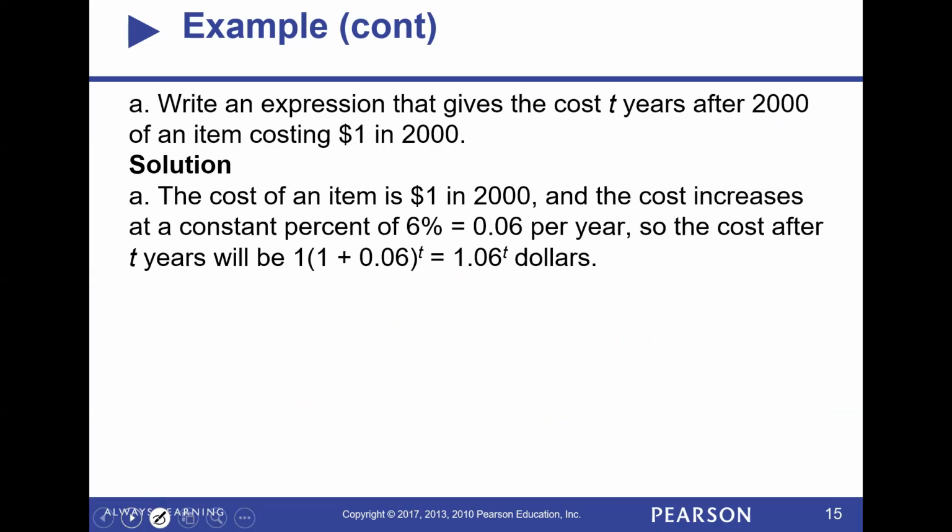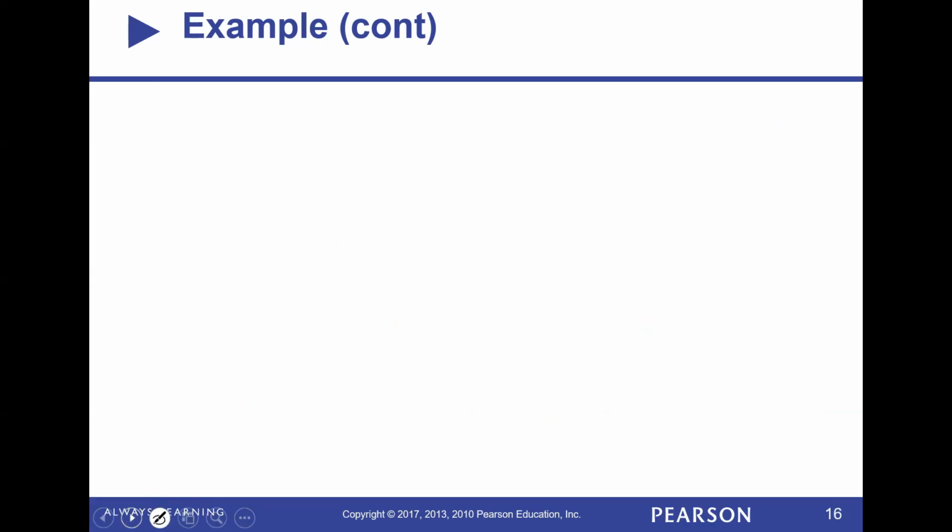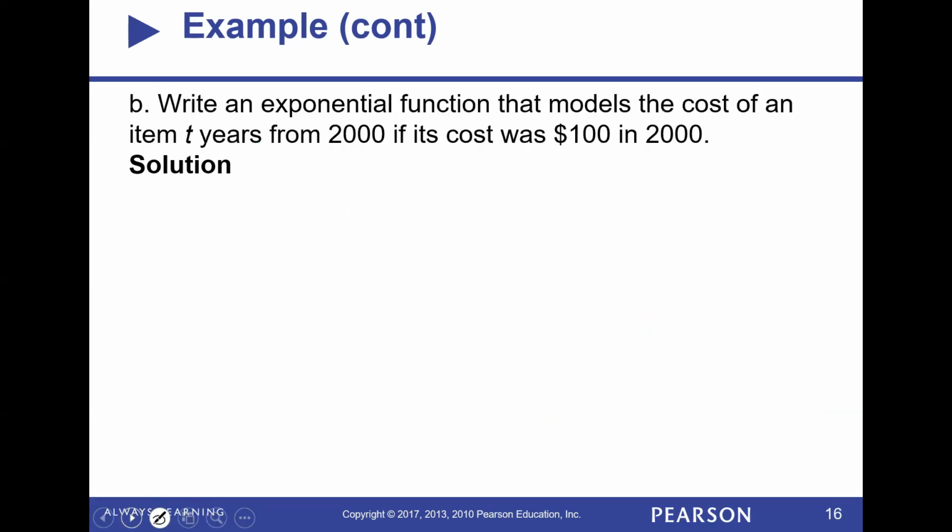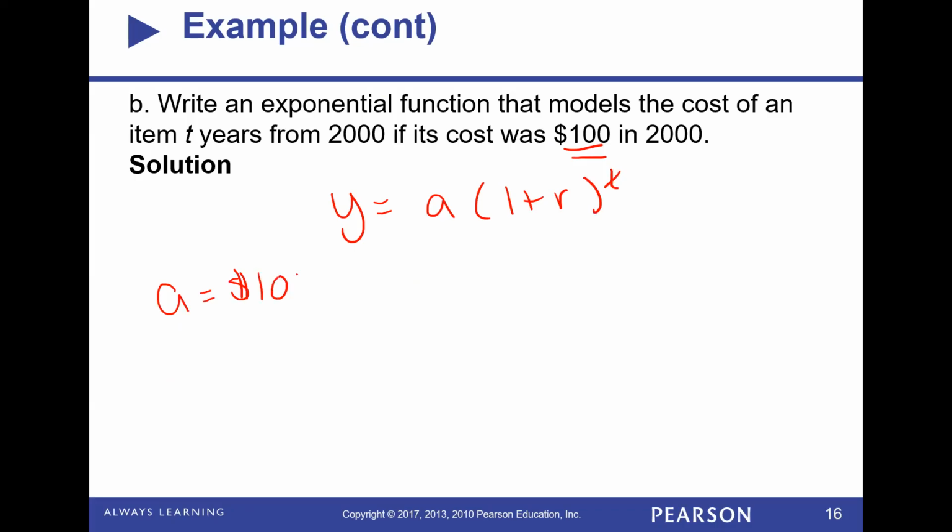Now, this is always going to be a 1 plus that percentage. What if I ask you to take that model, but this time the starting cost is $100? We're still using that same base idea here. But instead of A being $1, this time we're going to make it $100.